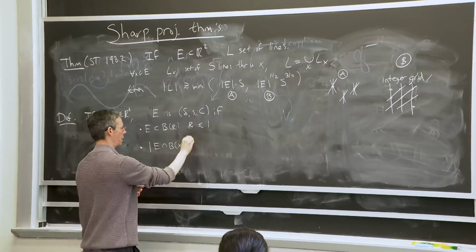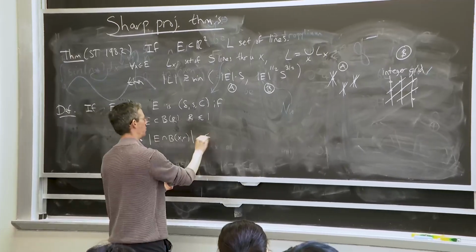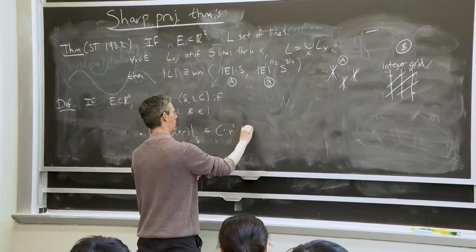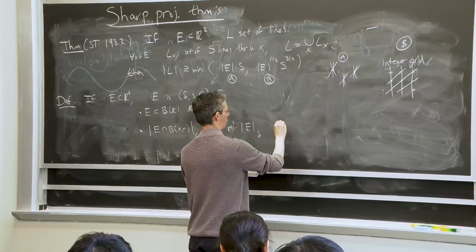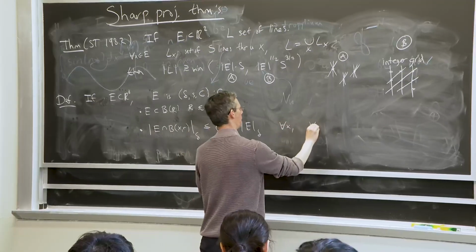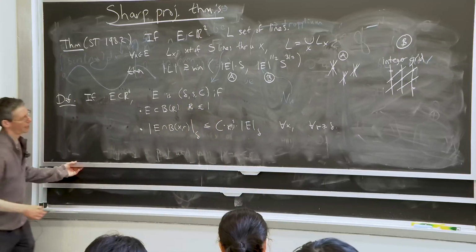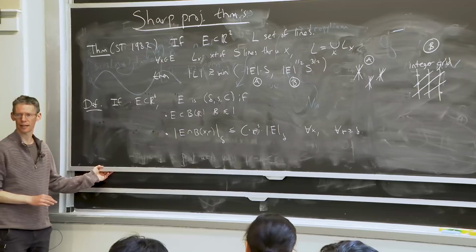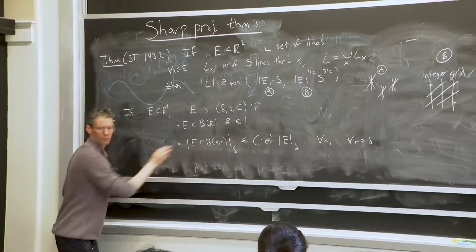And then if you take E and you intersect it with a smaller ball and take the delta covering number of that, then that should be smaller than C times little r to the s times the delta covering number of the whole set. So for any x, and for any r, which should be at least delta. So that's a delta-SC set. It's a sort of spacing condition on the set E that says that it's not too concentrated into any smaller ball.